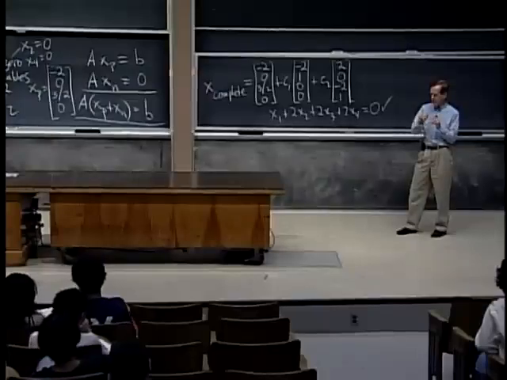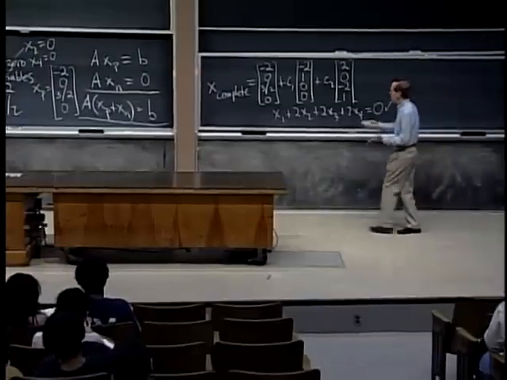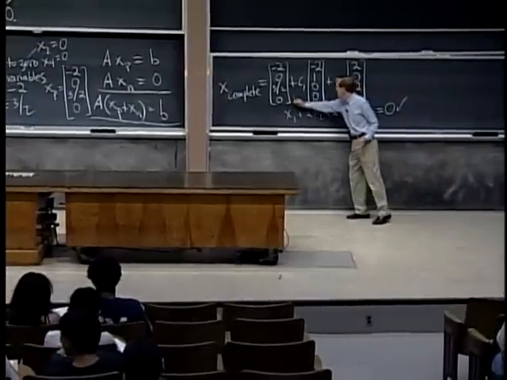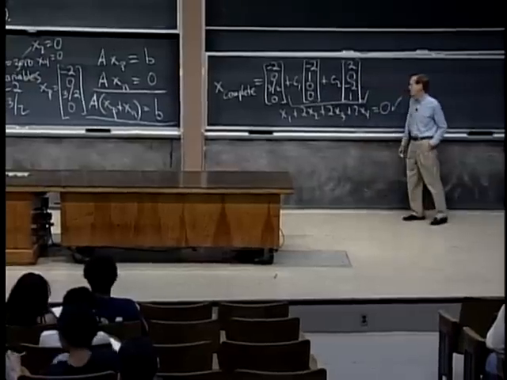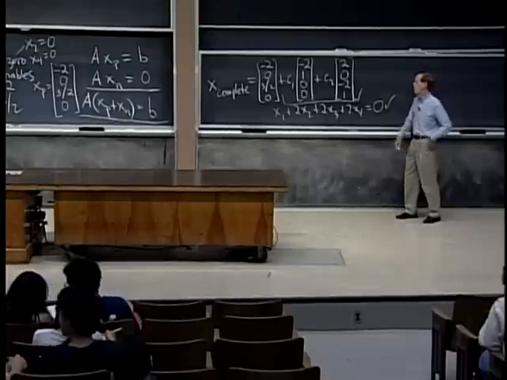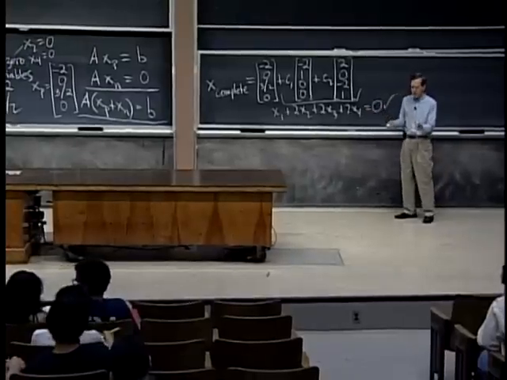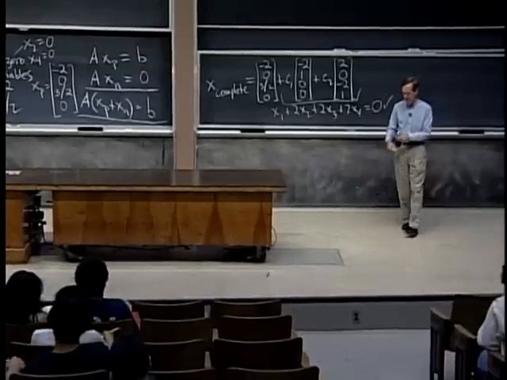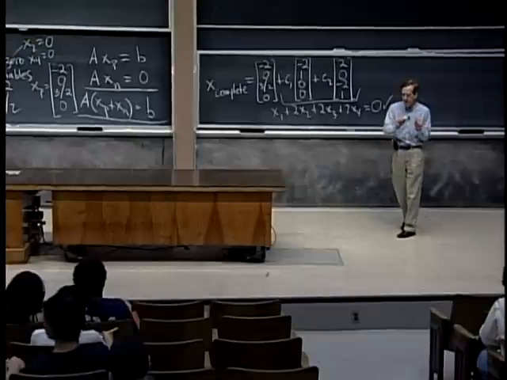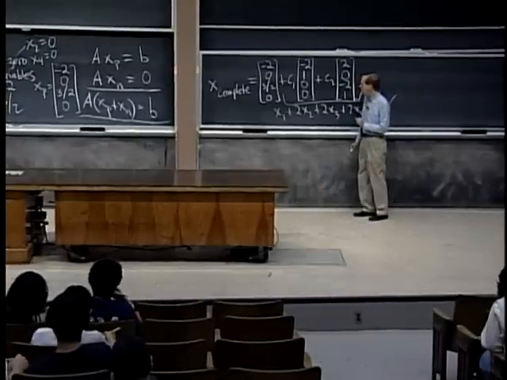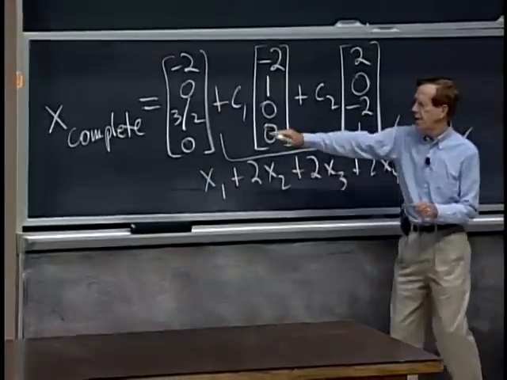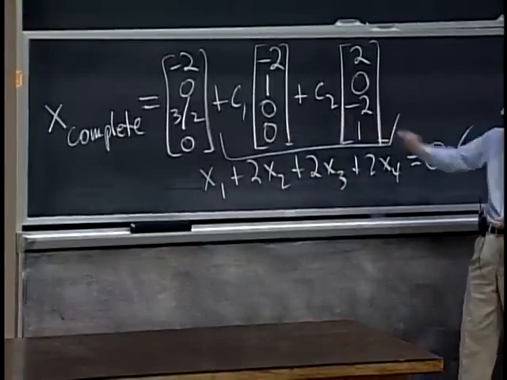The null space consists of all combinations of, so this is xn, all combinations of the special solutions. There were two special solutions because there were two free variables, and we want to make that count carefully now. But just while I'm up here, that's the kind of answer I'm looking for.